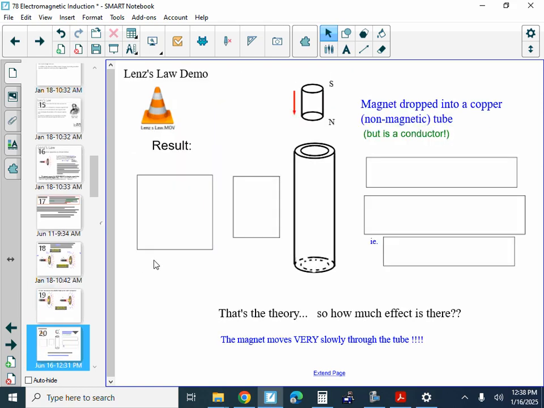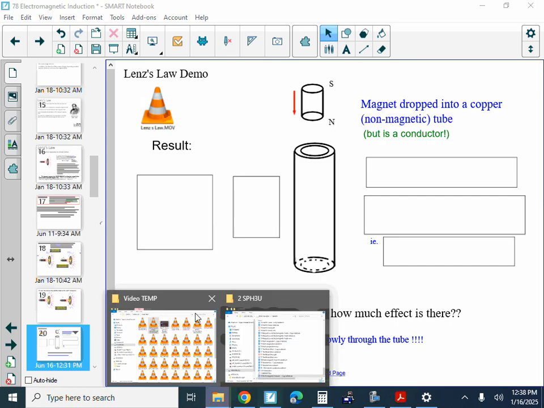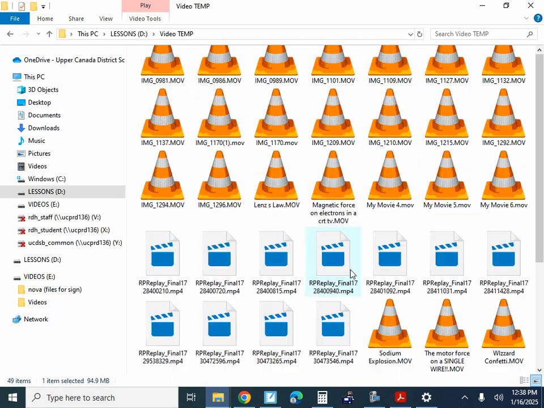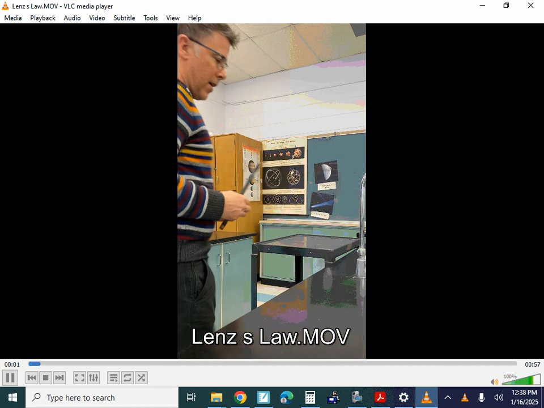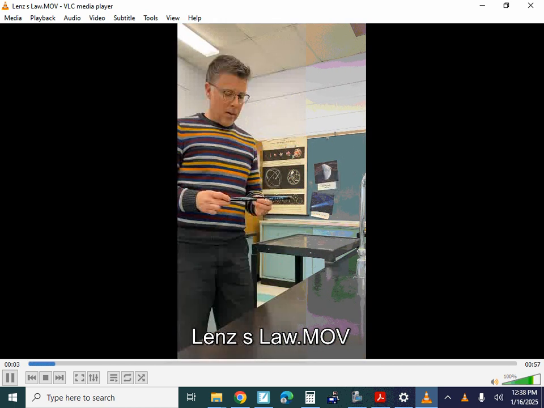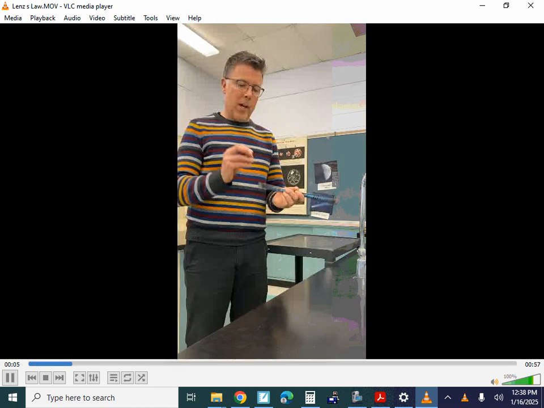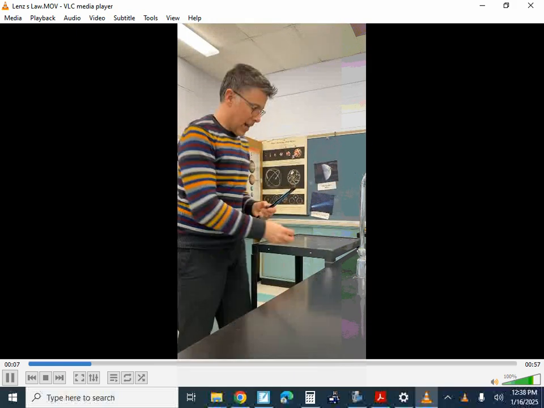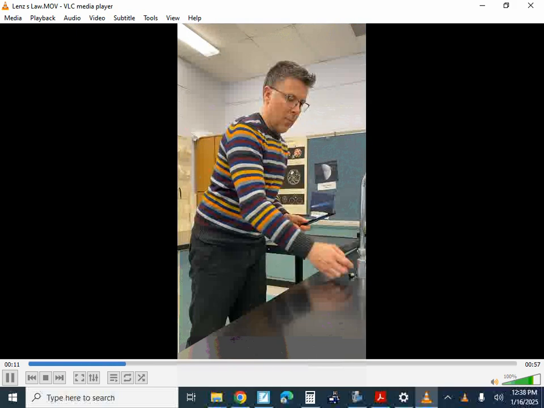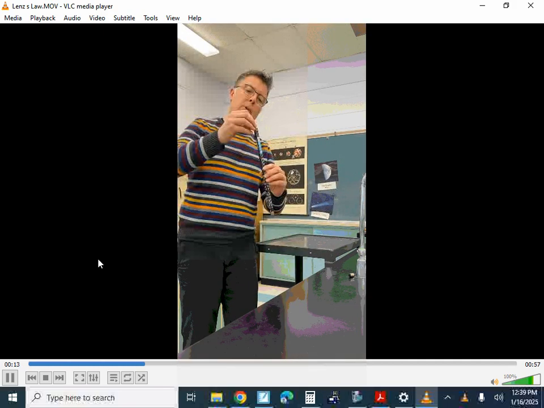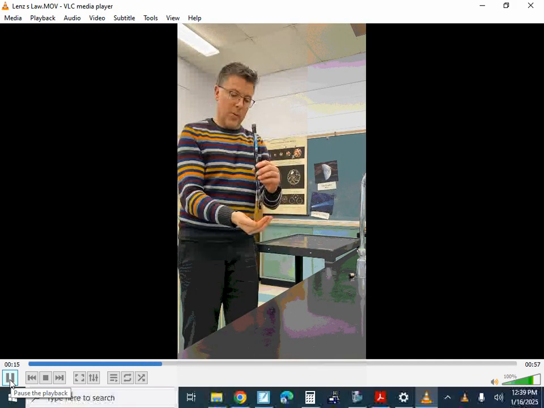So, a neat demonstration to do with this: Lenz's law. All right, I'm going to demonstrate Lenz's law here. We've got a copper pipe and two cylinders. One's magnetic, one's not. I will drop the non-magnetic one through, and you see it goes quite quickly, except that time it got a vibration mode.